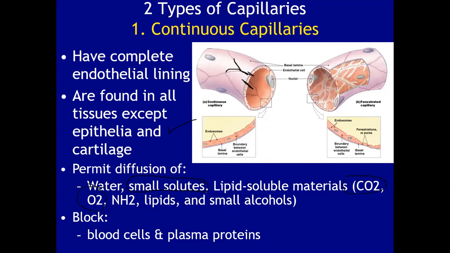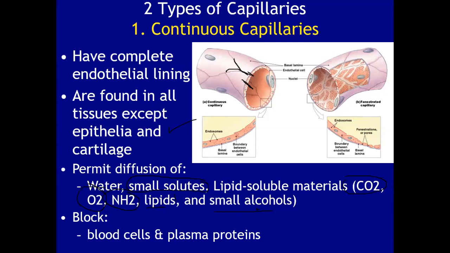With the digestive system and metabolism, we're going to create some nitrogenous waste that we have to deal with. Lipids also from the digestive system and small alcohols from the digestive system as well.